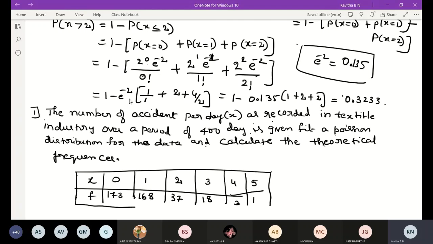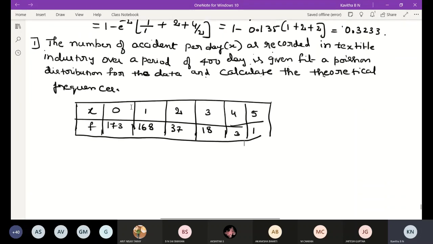Okay, this is the Poisson distribution given here. We have to find the theoretical frequencies. Write the question neatly. This is very easy, it's not difficult. Write the question.